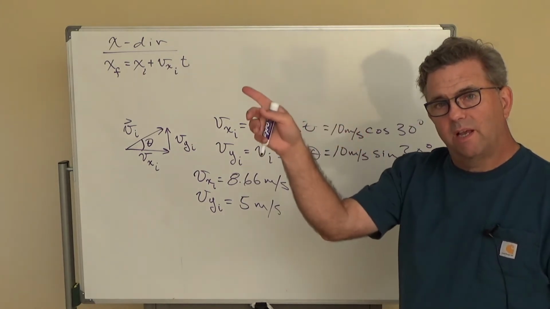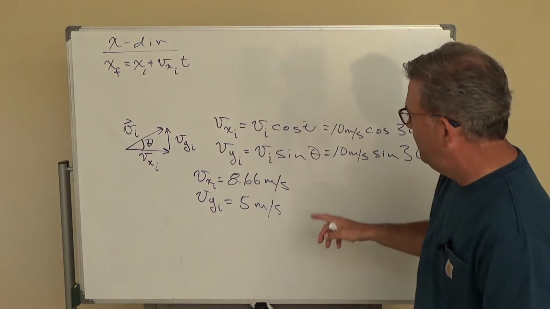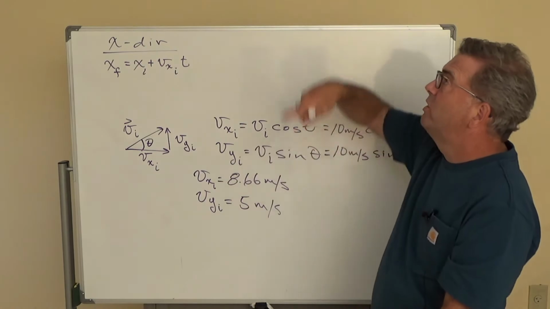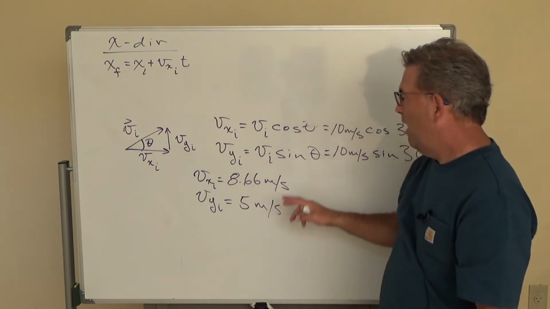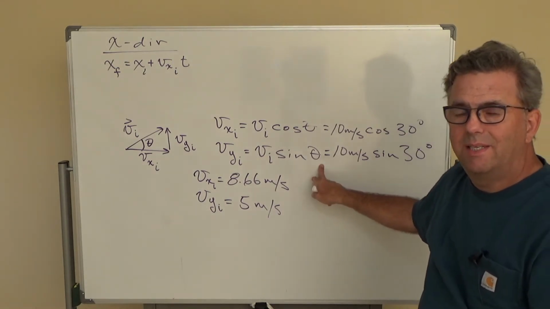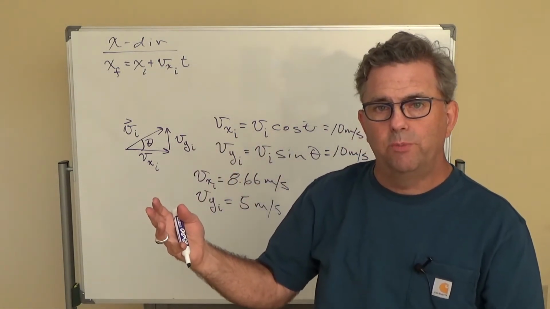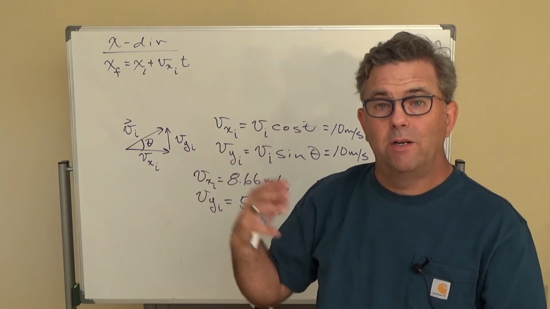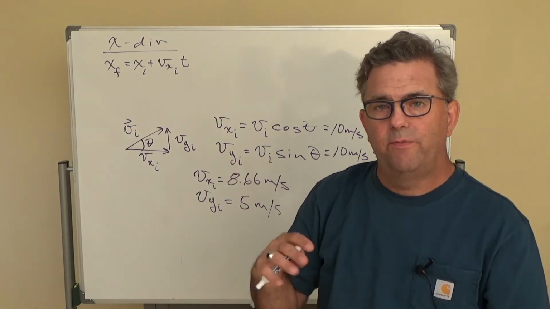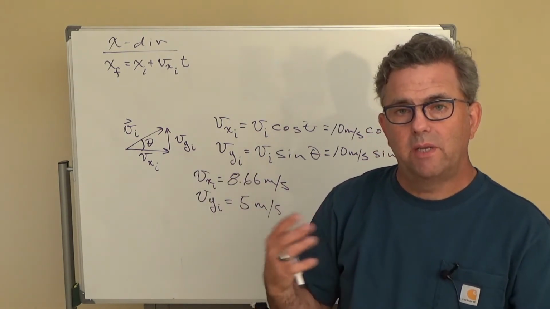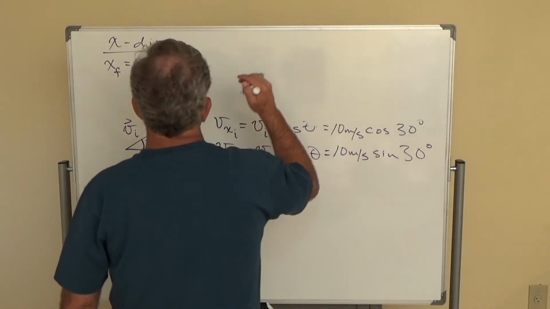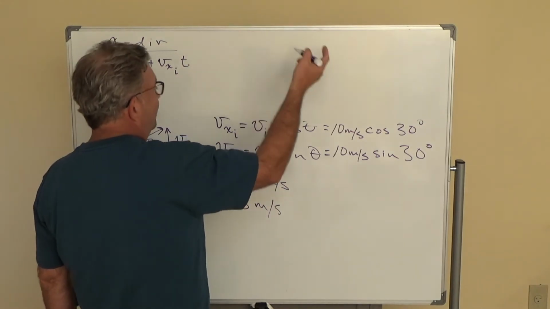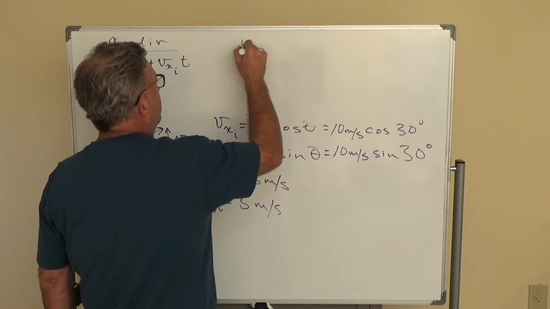Once that projectile leaves the top of the building, in the y direction, it's just going up and coming back down. I know the initial y velocity. I know the initial position in y, the final position in y. You can figure out the time that it takes for it to impact the ground.